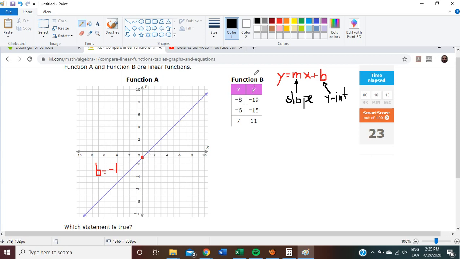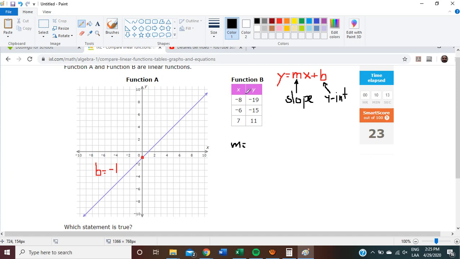What is the y-intercept in this function where we have the table and we don't have a graph? What we have to do first is get the slope. We have to get m. How do we get m? Remember, m equals change in y divided by change in x.